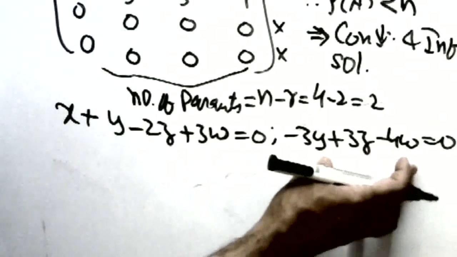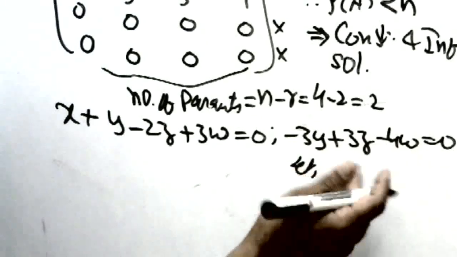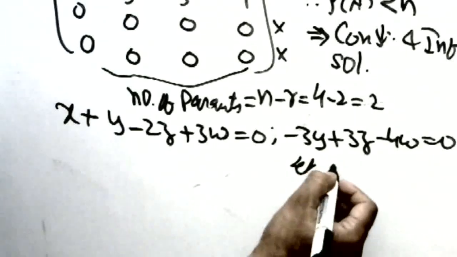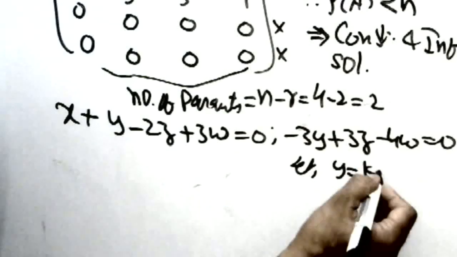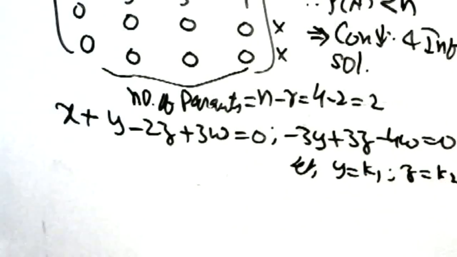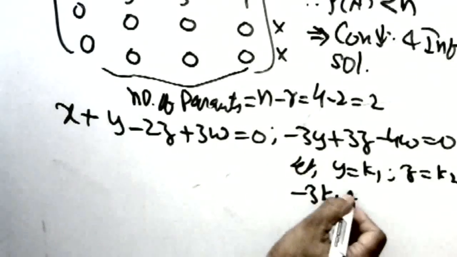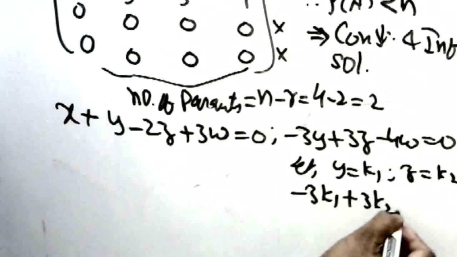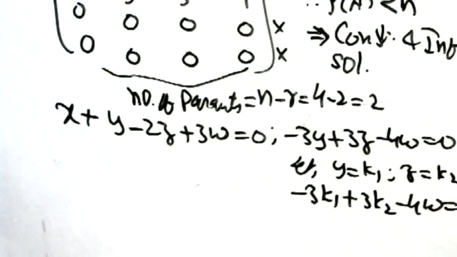We come here, this is the lengthy equation, this is the shorter equation. From this we have to take two variables as k1 and k2. I'm writing let y equals k1 and z equals k2. Now let's substitute here: minus 3k1 plus 3 into k2 minus 4w equals to 0.